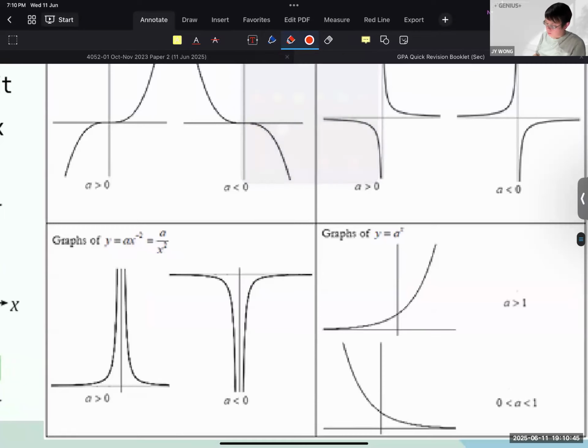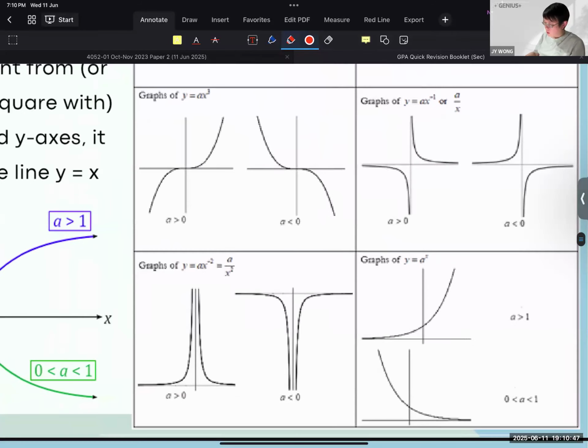There is this type, a over x, and there's the a over x squared. They are both reciprocal graphs, but obviously you can tell their general shape is different.